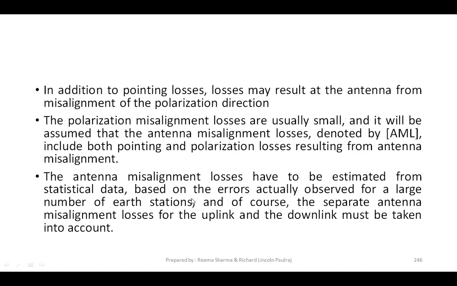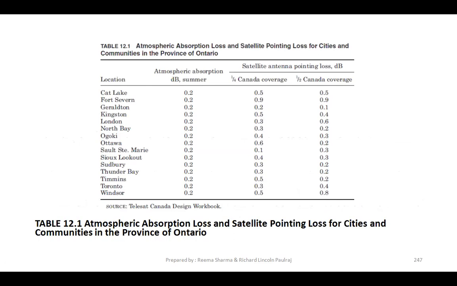The data is based on errors actually observed for a large number of earth stations, and of course separate antenna misalignment losses for uplink and downlink must be taken into account. We have to calculate separately for both uplink and downlink, because these two together contribute to proper, or rather complete, communication.